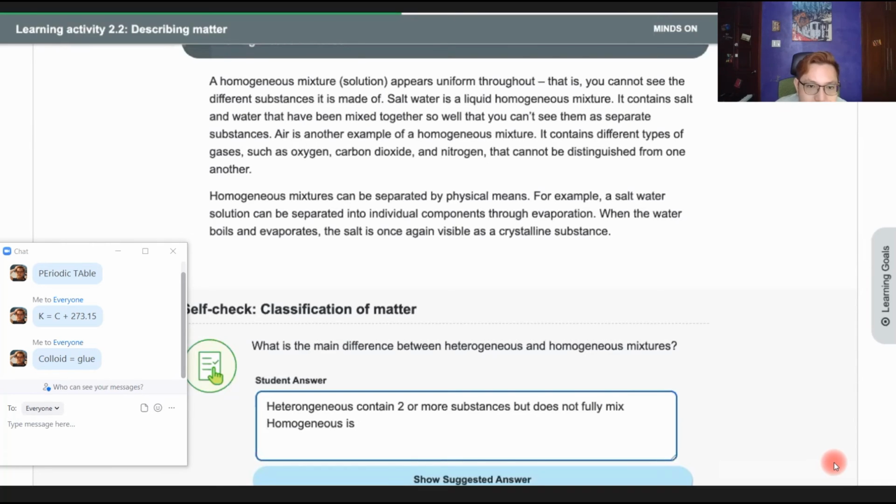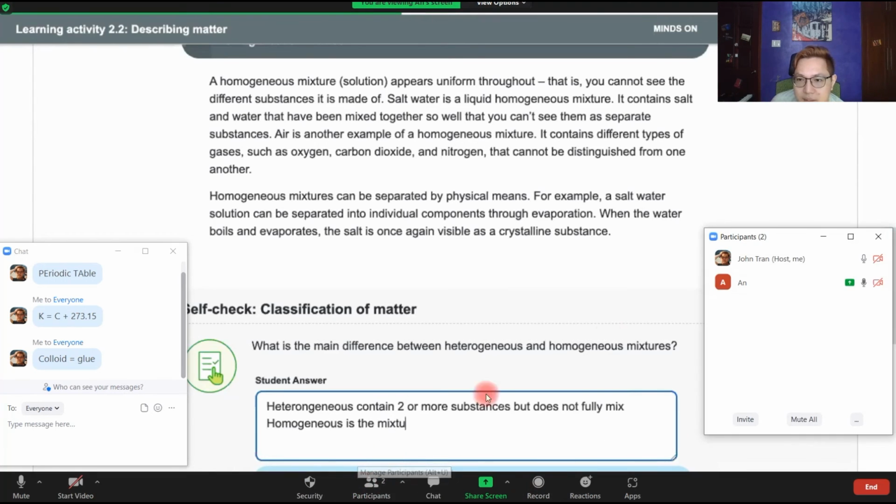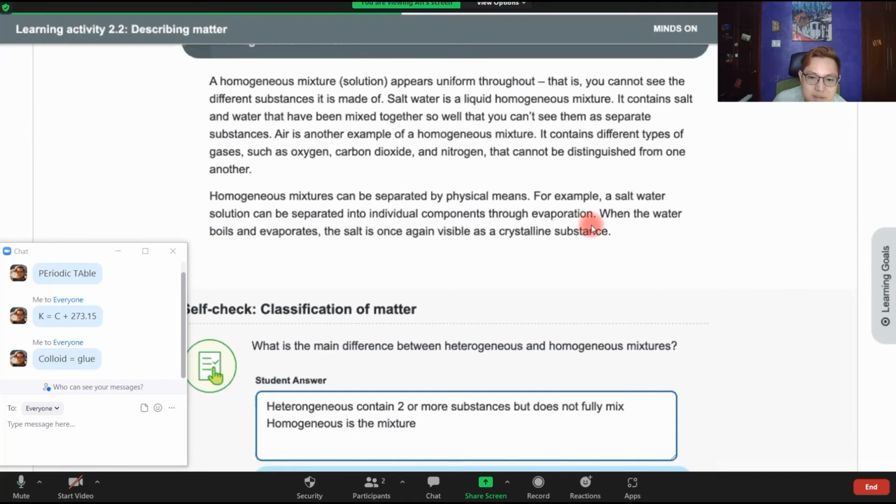Okay, so let's just read through it a bit. Hello, are you still there? Yeah, I'm still here. Heterogeneous: contain two or more substances. It's not fully mixed.